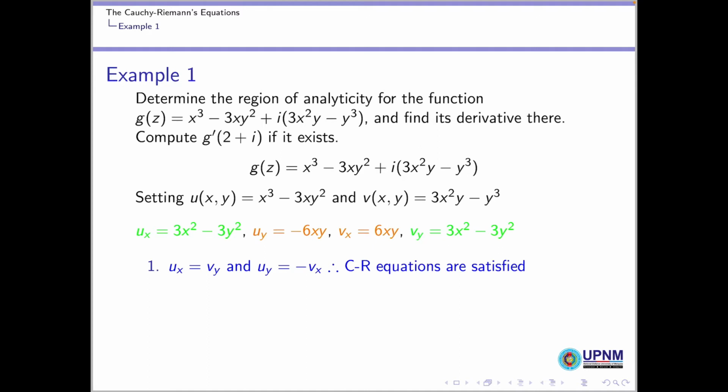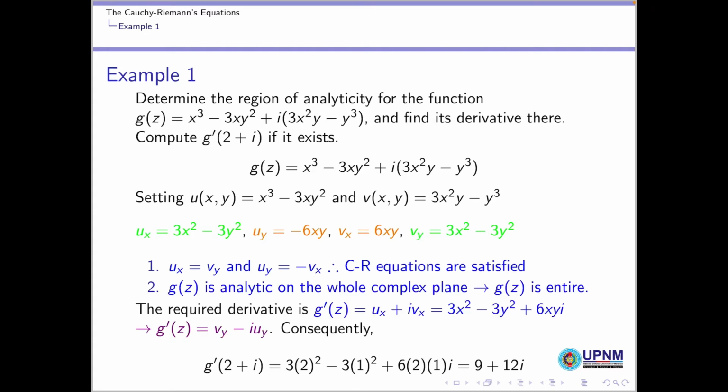From the values that we've computed, we can clearly see that the CR equations are satisfied. We can conclude that g(z) is analytic on the whole complex plane. Therefore, g(z) is entire. So, the required derivative is g'(z) equals u_x plus i v_x, which equals 3x squared minus 3y squared plus 6xyi.